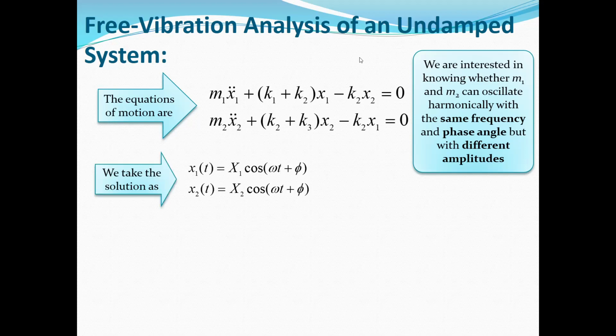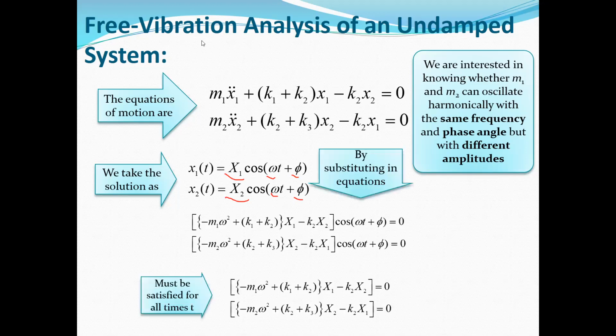As you can see here, the frequency is omega for both of them and the phase angle is phi, but the amplitudes are considered uppercase X1 and uppercase X2. Now the next step, we need to obtain these omega, X1 and X2, and also phi.